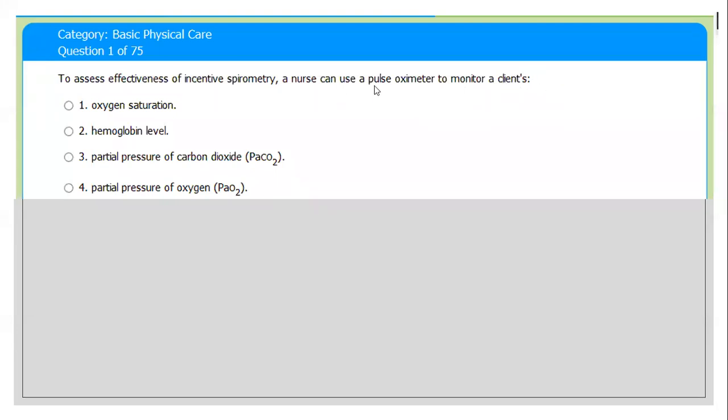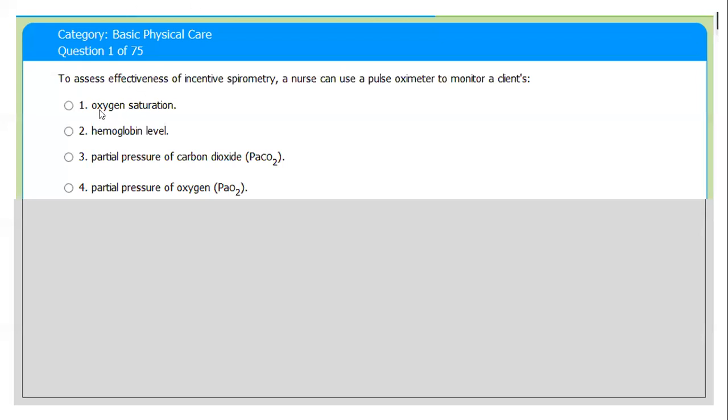So pulse oximetry, or oximeter, is a device we use. By using pulse oximetry, it is a test for measurement of the oxygen level in our blood.